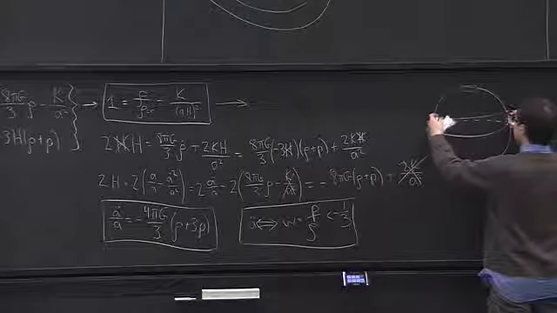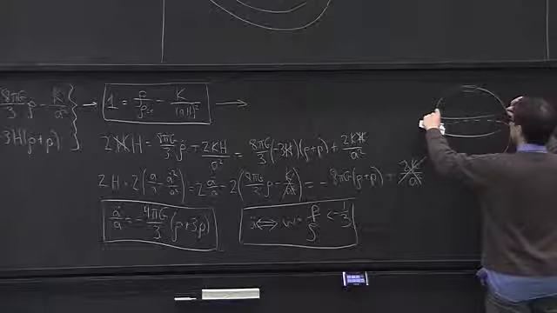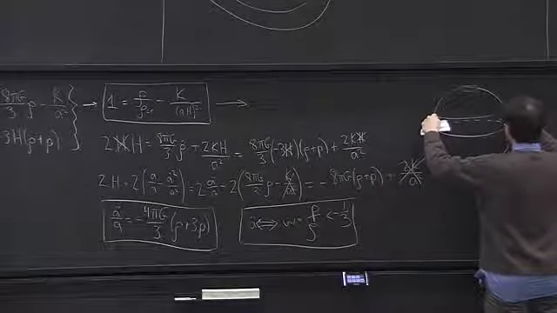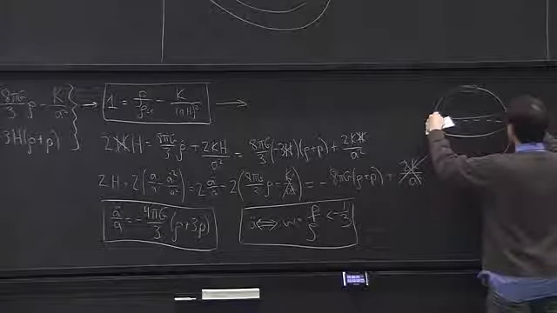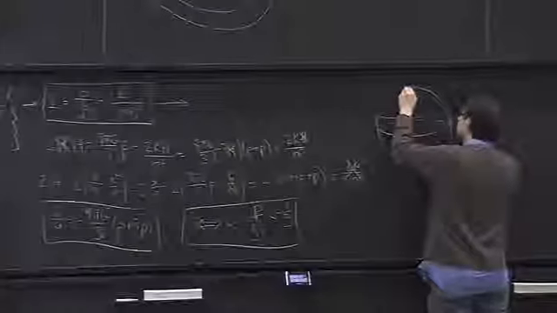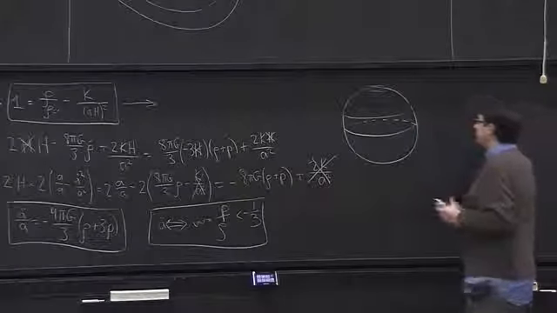But then if there was an exponentially long period of accelerated expansion, if there was an exponential amount of accelerated expansion, this sphere would be shrunk to an exponentially small sphere.